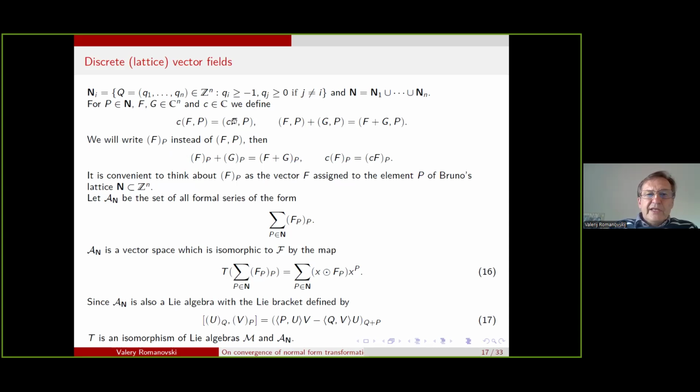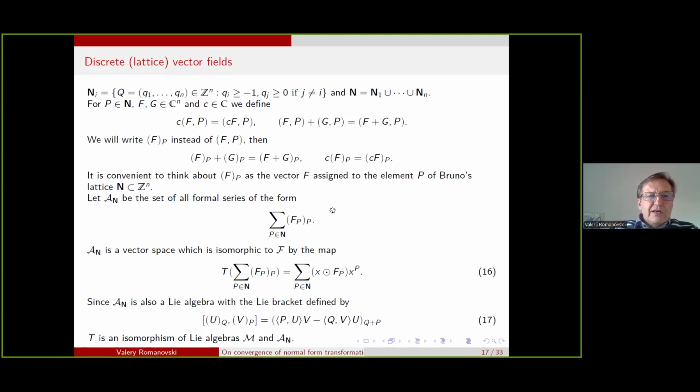It is convenient, but instead of such notation, it's better to use such notation, F sub index P, G sub index Q. And it's convenient to think about this F_P as a vector F assigned to element P of Bruno's lattice. I will draw a picture later on.